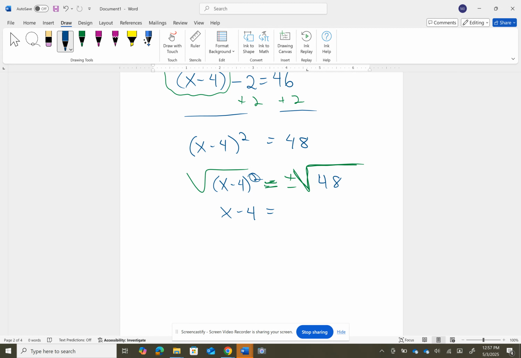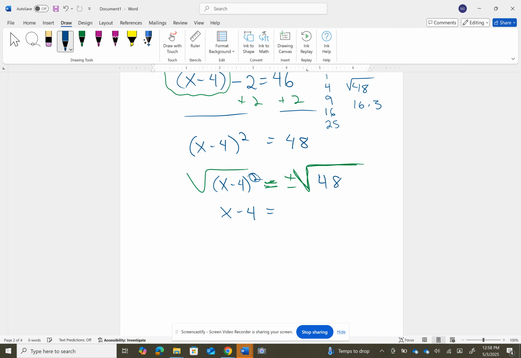And then over here, we need to take the 48 and break it down. There are several ways to do it. One way is to think about your perfect squares: 2 times 2 is 4, 3 times 3 is 9, 4 times 4 is 16, 5 times 5, and so on. Then you start at the larger numbers and say, well, 25 doesn't go into 48, but 16 does, and you split 48 into 16 times 3.